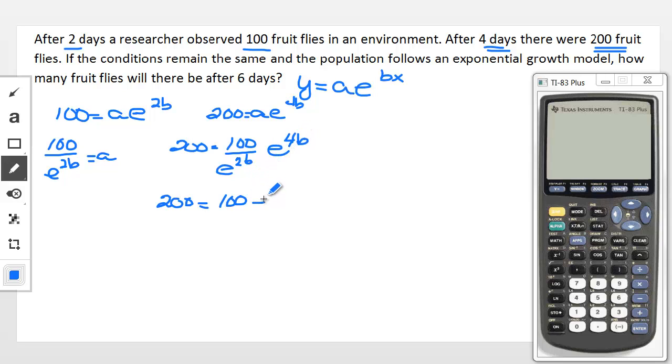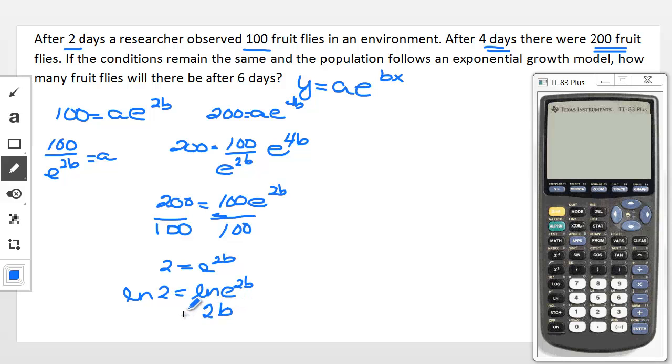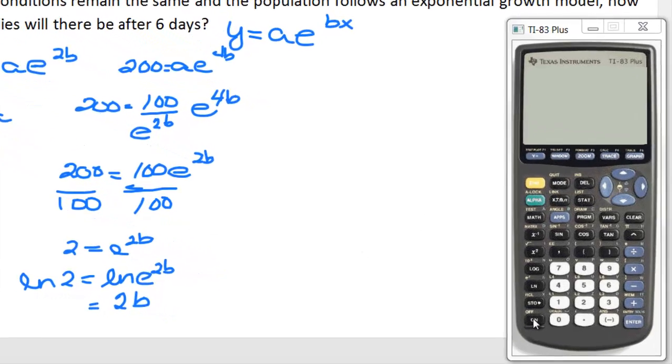I will have e to the 2b. Dividing by 100. So 2 equals e to the 2b. I'm going to take the natural log of both sides. So 2b will be equal to the natural log of 2.